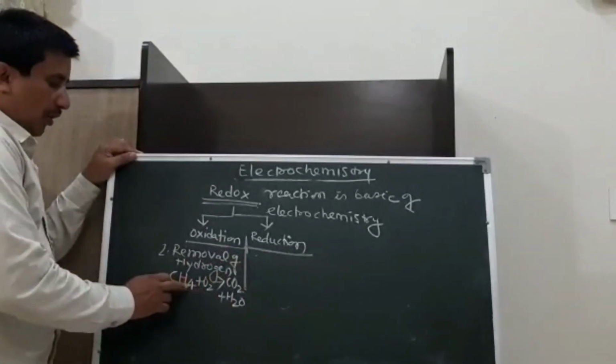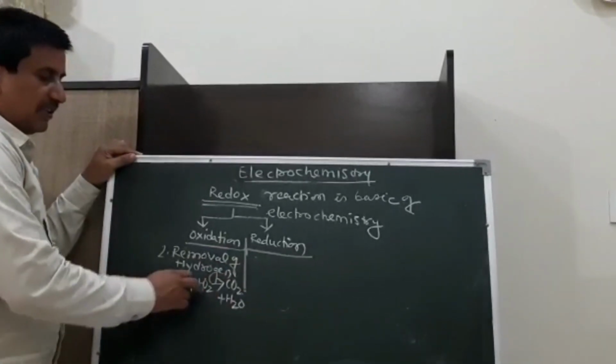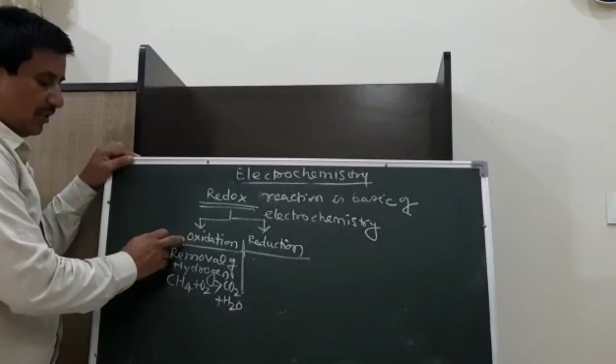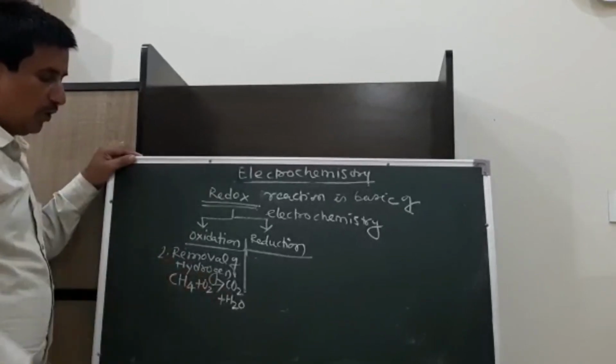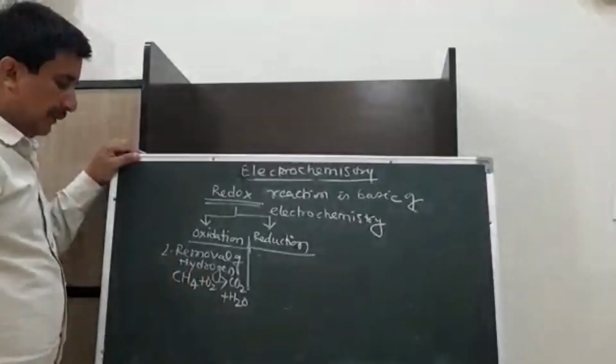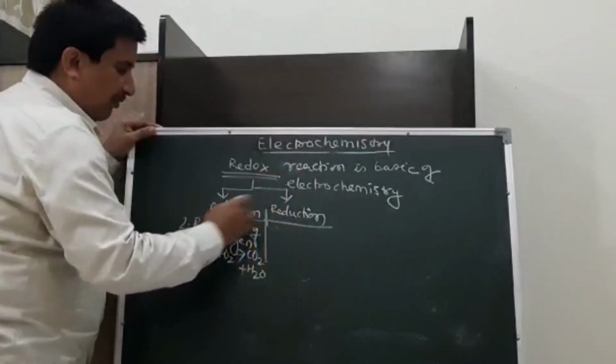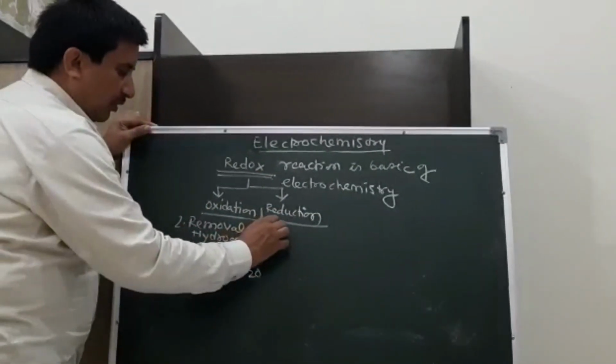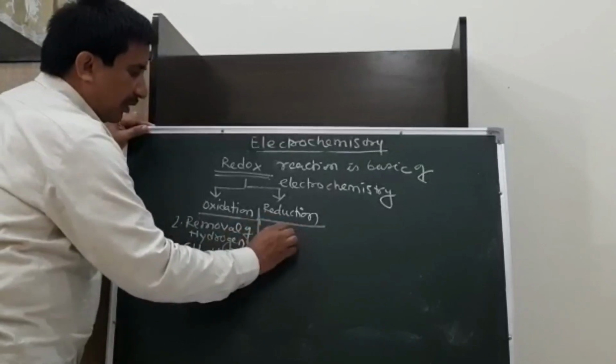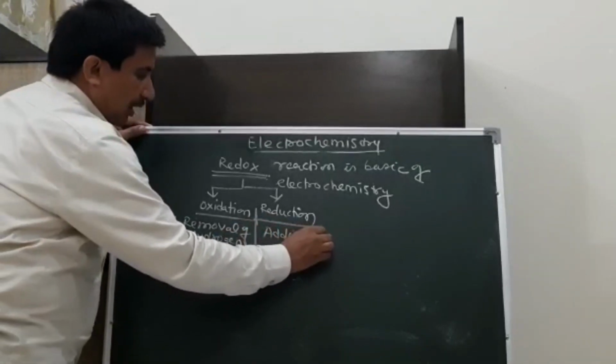Here hydrogen from this methane is removed, therefore this is oxidation of methane into carbon dioxide, and reduction may be the reverse of this oxidation. It is what? Addition of hydrogen.